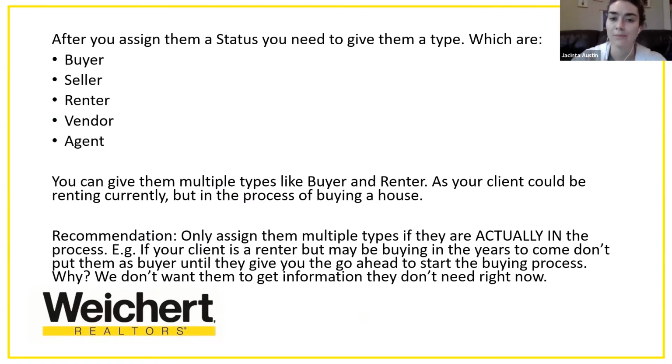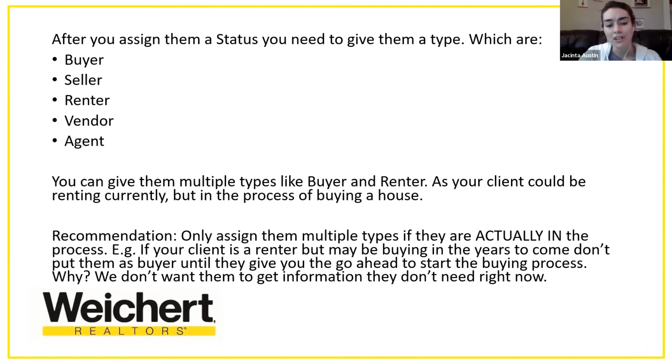After you assign them a status, you'll need to give them a type, which of course is buyer, seller, renter, vendor, or agent. You can give them multiple types, like if a renter wants to buy a house, or if a seller is also a buyer, you can have multiple types attached to that client. My only recommendation with that is if you do have multiple types, make sure they're actually in the process.